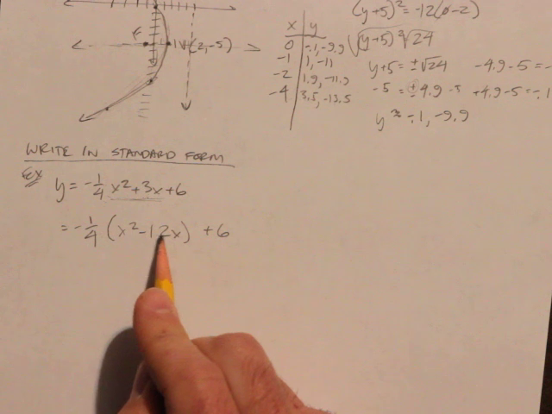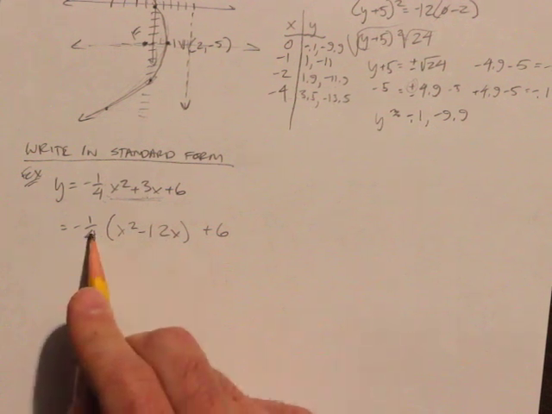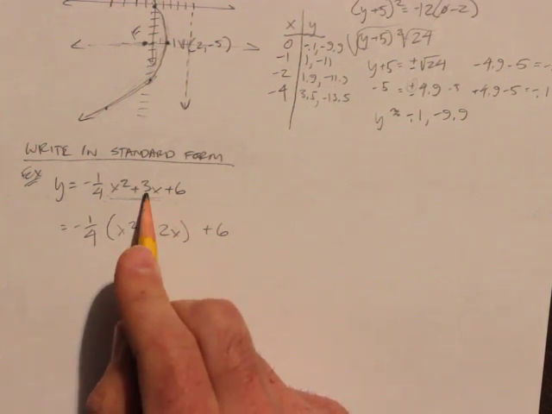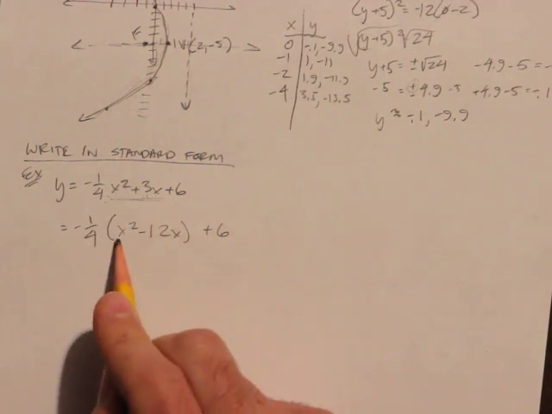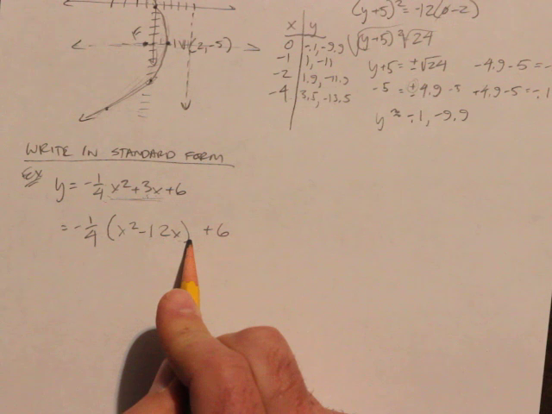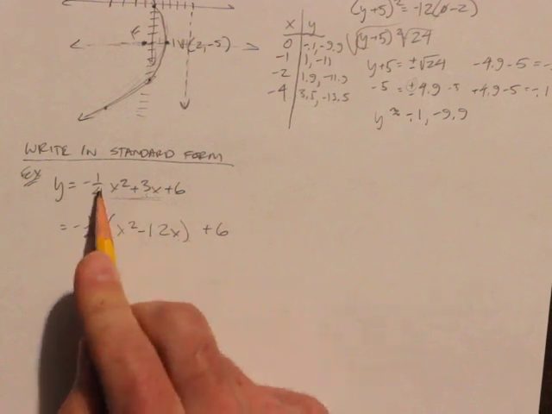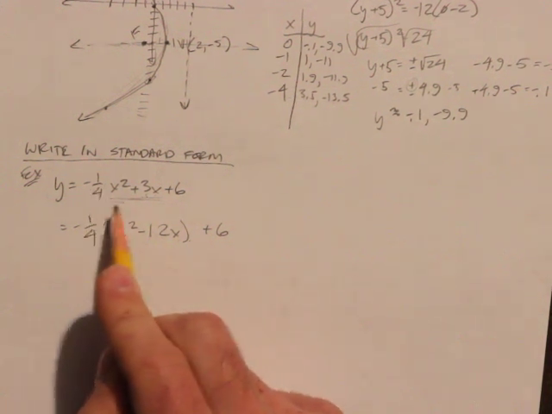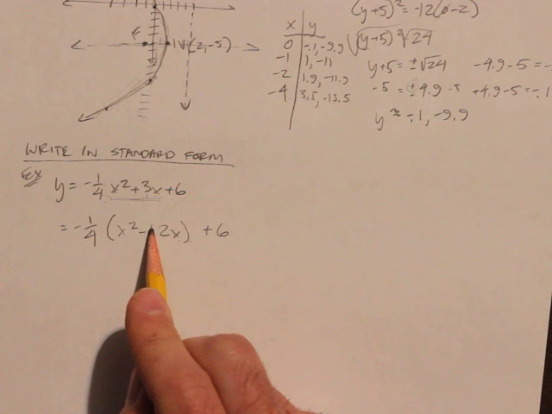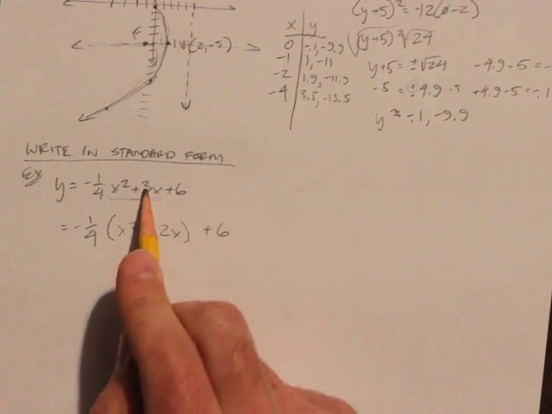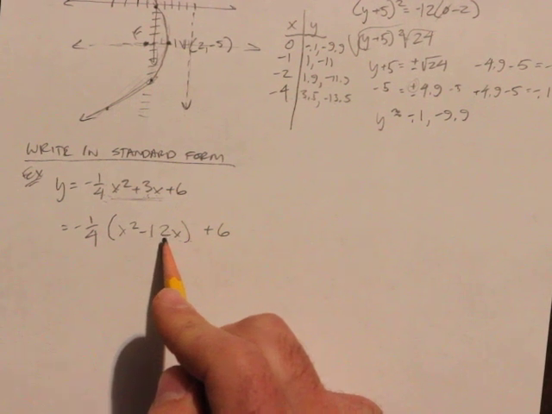If I multiply negative 12 by negative 1/4, I would get positive 3. So I need to break this up. I need the x squared and the x to be inside parentheses like this. The negative 1/4 on the outside is being multiplied by the x squared, and also by the negative 12x to get 3x. So that's how I got this.